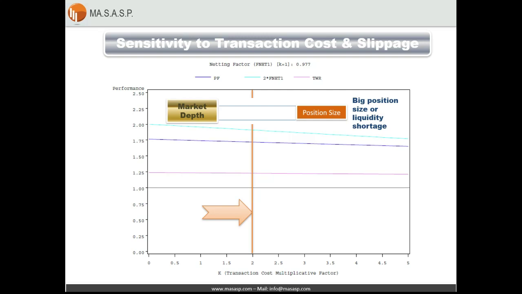Well, in the example schematized here, accounting for double transaction costs begets a netting factor of 0.954 instead of 0.977, which was the standard case factor.